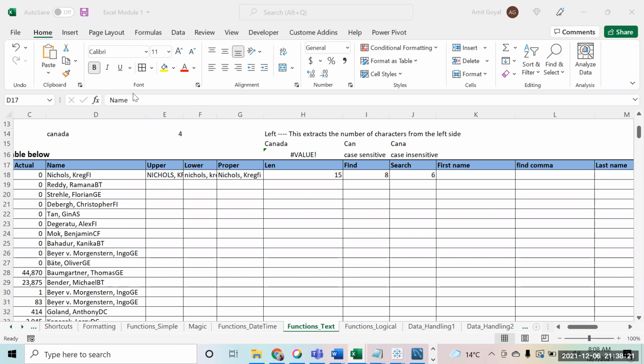Is anyone trying it? You have to extract the first name from every name that we have.